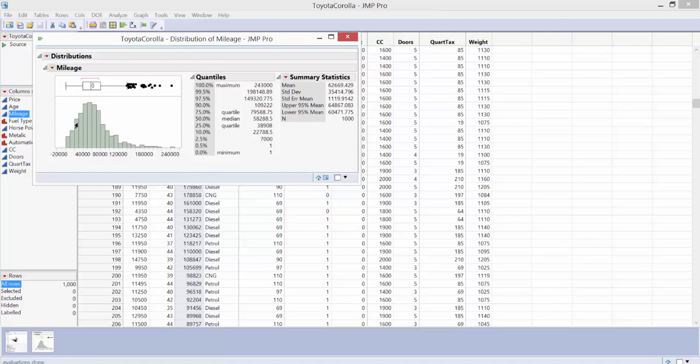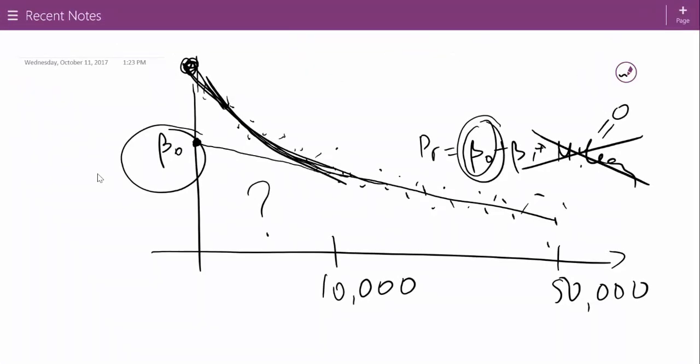Which tells you that the majority of the vehicles that I have in my data set are actually right here, right? They tend to be on the lower end of the mileages, right? And only less and less vehicles, the higher mileage I'm looking at, the less vehicles I have, right? So the majority of my vehicles are either brand new or close to brand new, right? So therefore, I actually have the regression. Let me erase all that stuff, right?